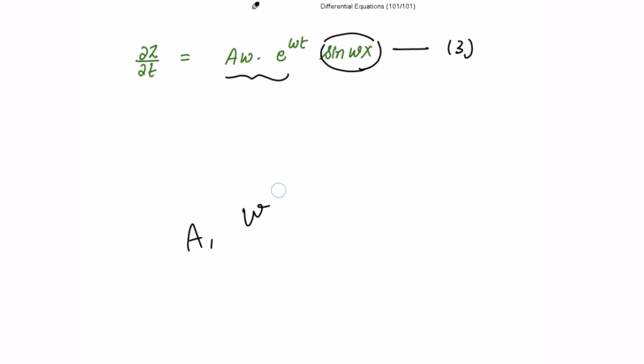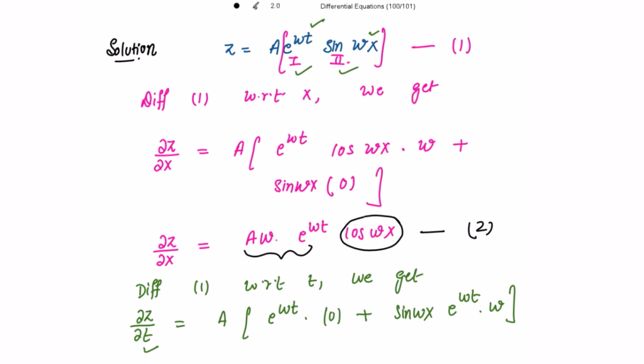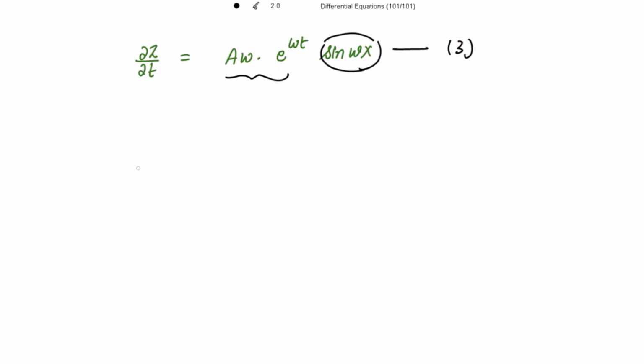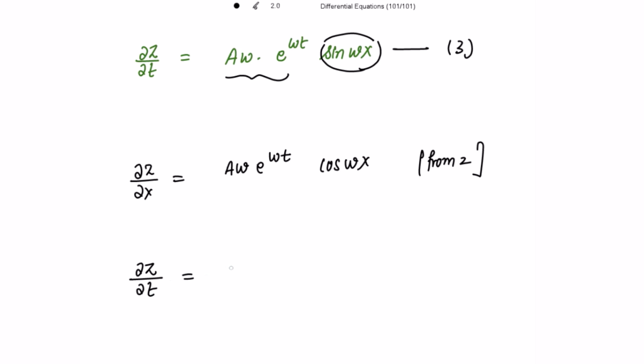If I differentiate again 2 and 3 with respect to x and t respectively, then I get the right hand side to be the same. Let's do that. I'm having partial derivative of z with respect to x to be equal to aw e to the power wt into cos of wx from 2, right? And from 3, I'm having partial derivative of z with respect to t to be equal to aw e to the power wt sine of wx.